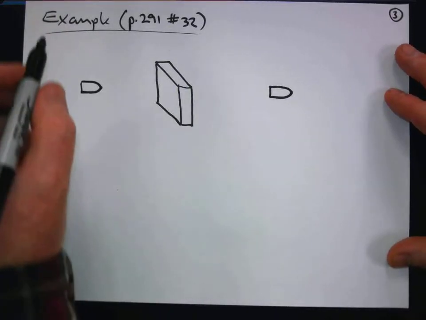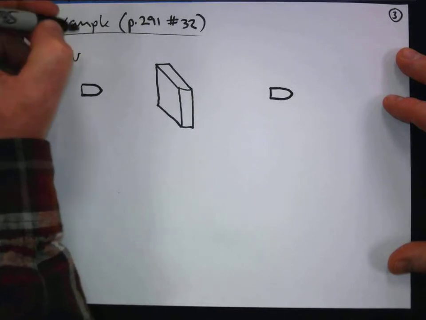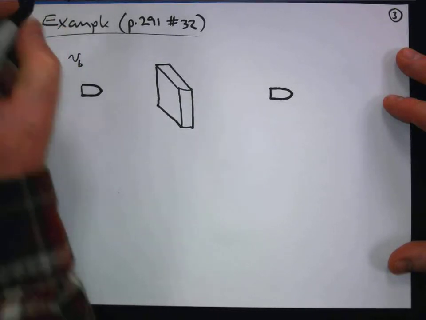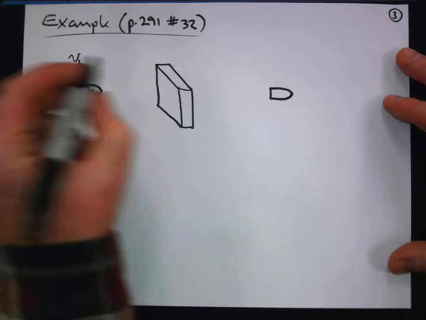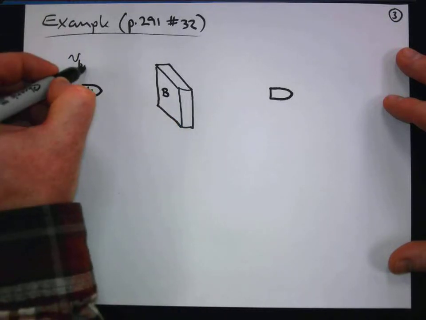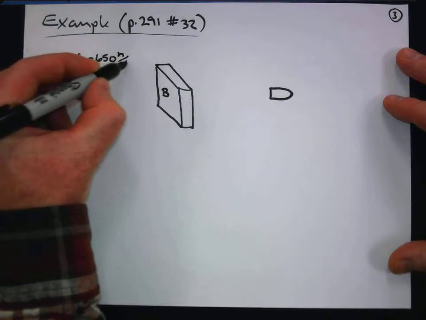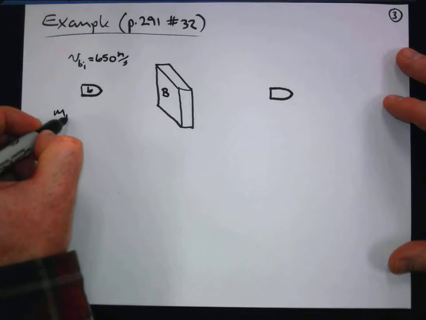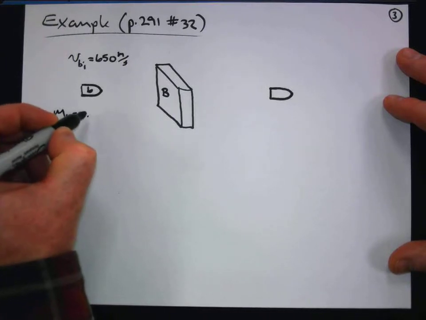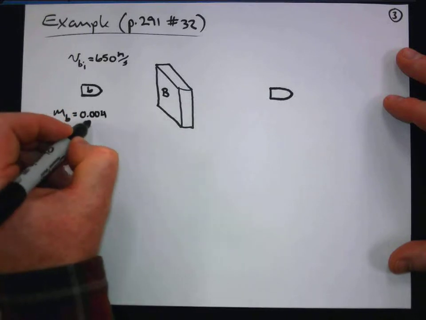Now, there's some specific information we are given. There is lowercase b for bullet, and capital B for block of wood. Initial velocity of the bullet we are given as 650 meters per second. We're given the mass of the bullet to be quite small, only 4 grams, so 0.004 kilograms.